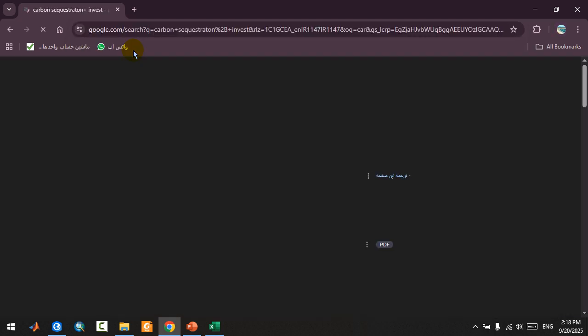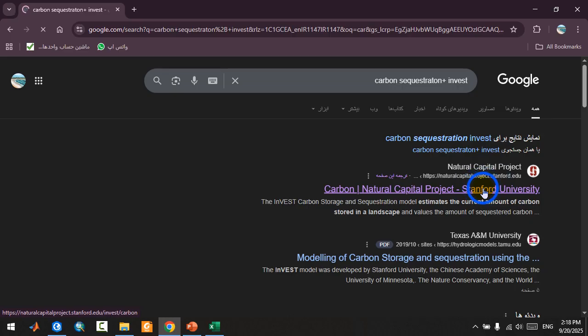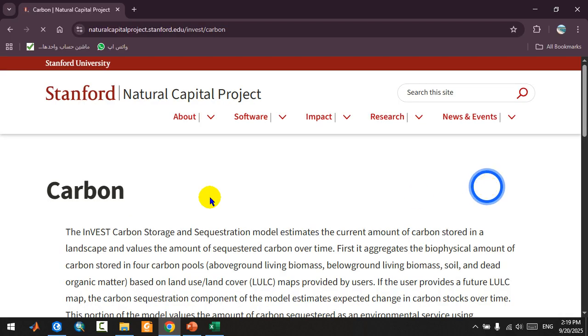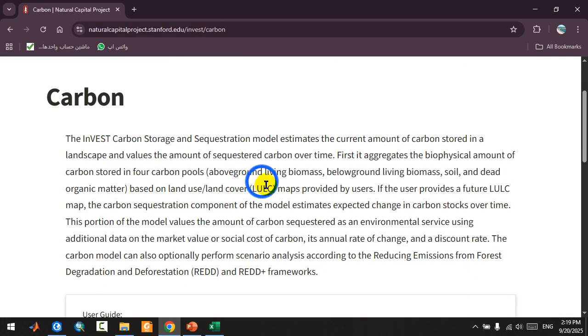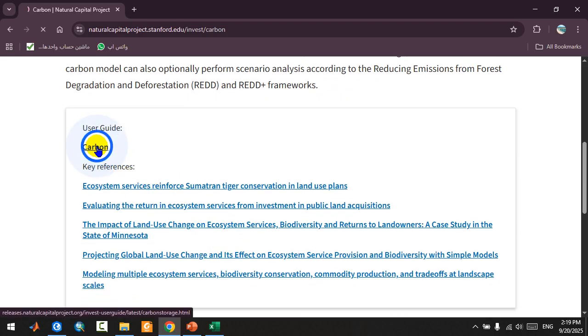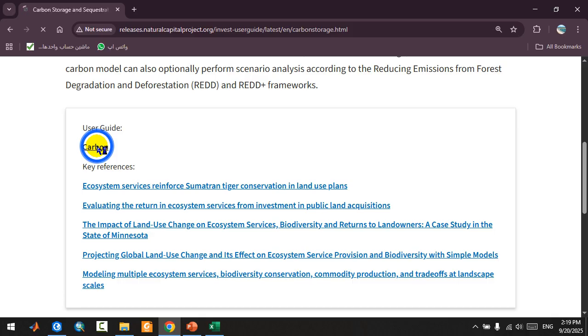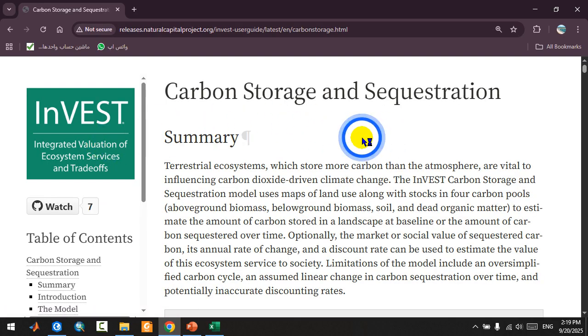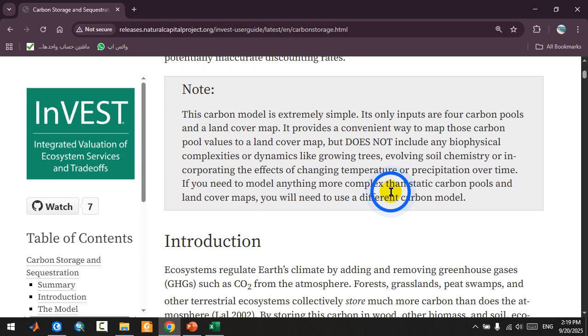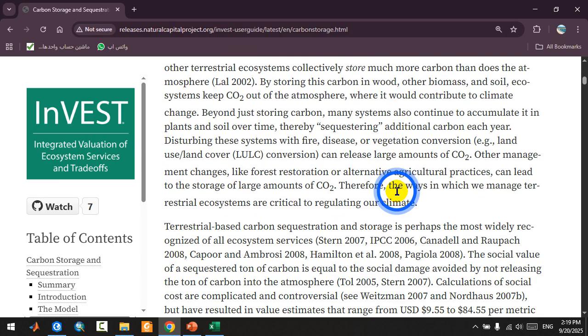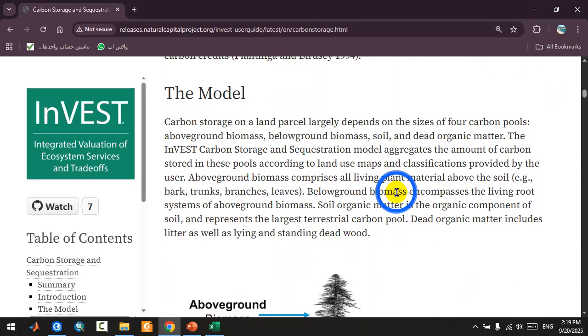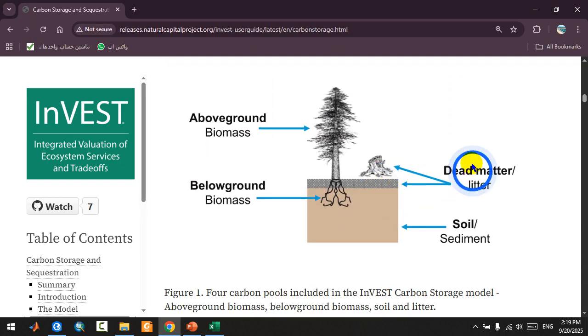Okay, in the Google search, carbon sequestration InVEST in the Stanford University, for the carbon, the description in the carbon model and user guide carbon, description and summary of the model to calculate the carbon storage and sequestration in the InVEST. Introduction: the model has four carbon pools in the vegetation.